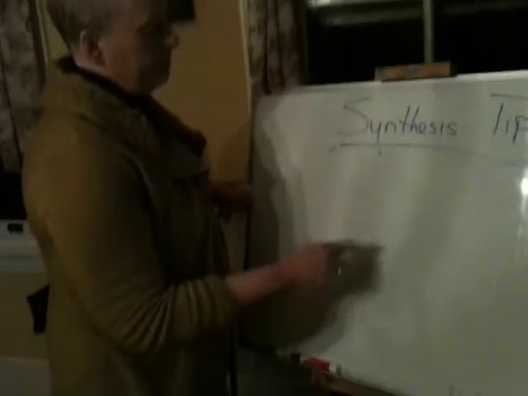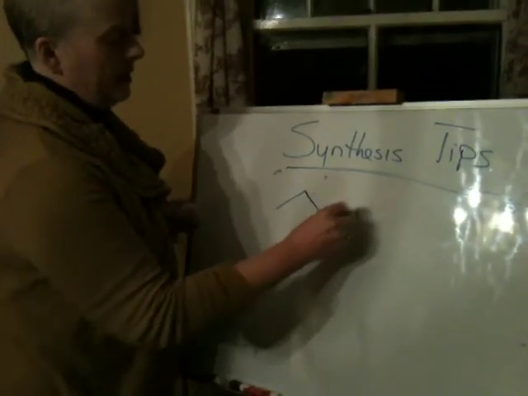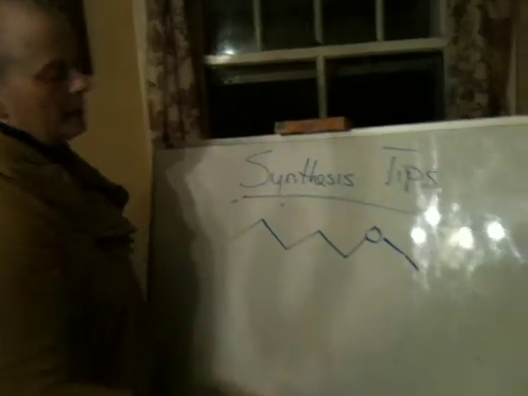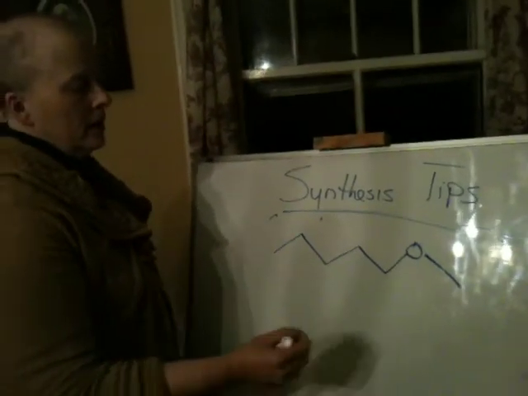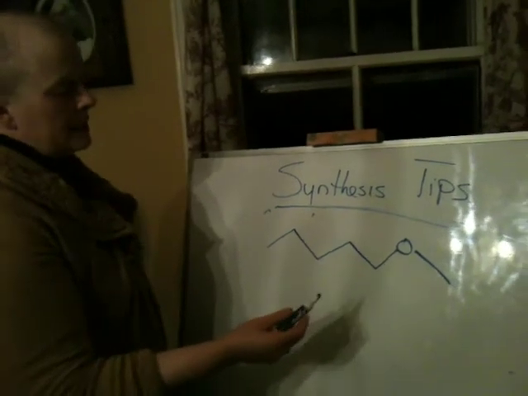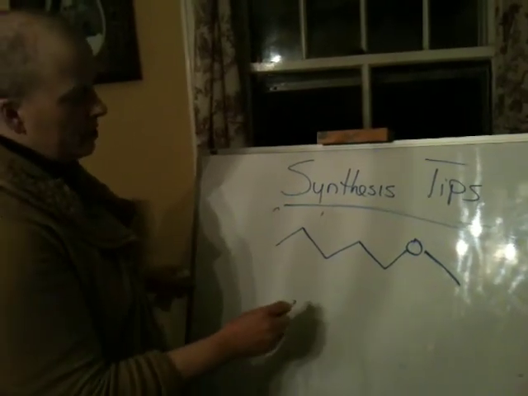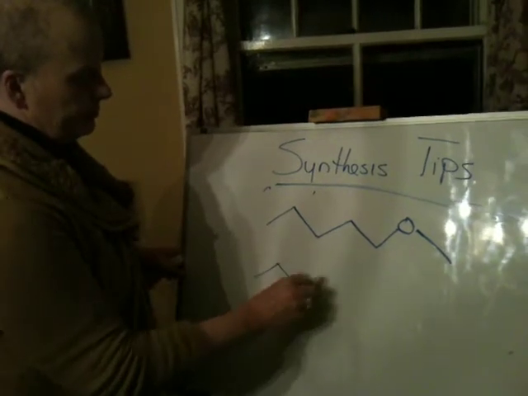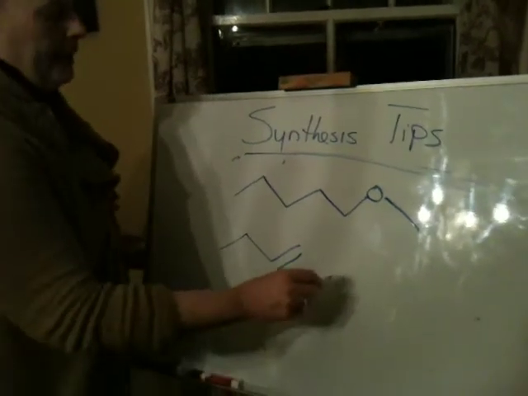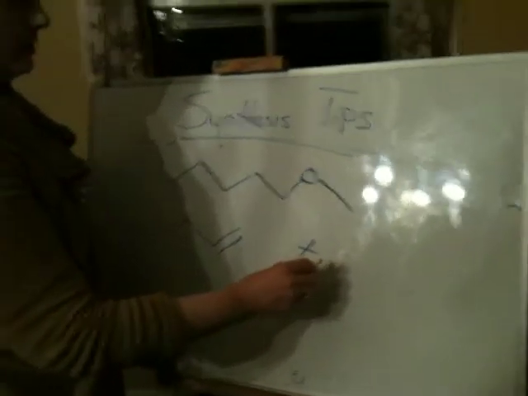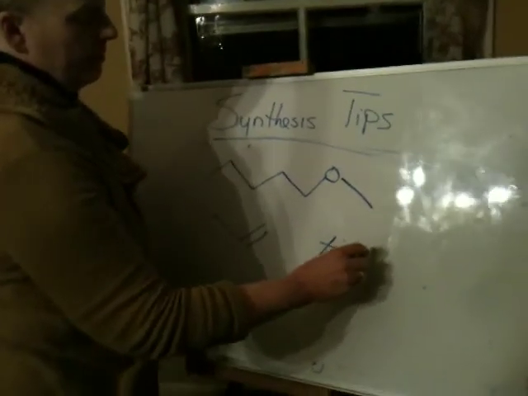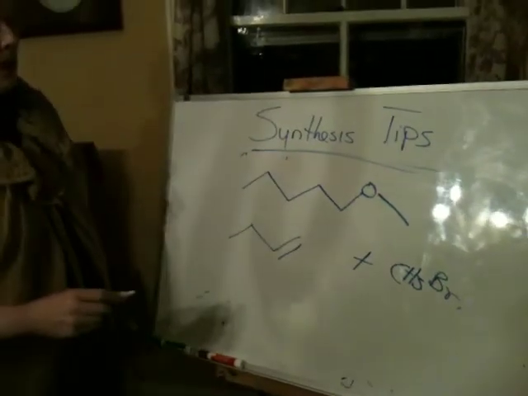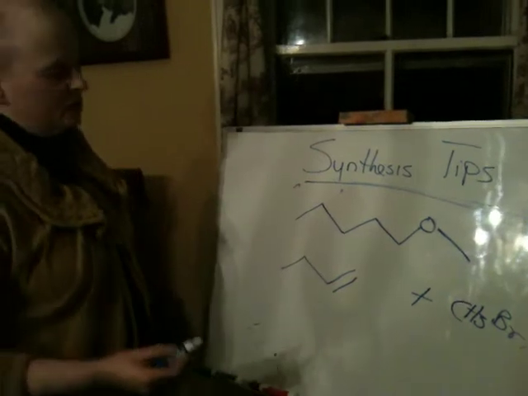So for example, if I wanted to make this molecule, okay, and let's say my starting material was this and bromomethane, okay, and I'm sorry to be a little repetitive, but there's only so many syntheses you can do.